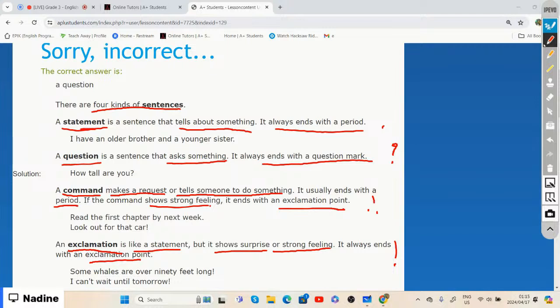A statement ends with a period. A question ends with a question mark. A command either ends with a period or ends with an exclamation point. And an exclamation sentence ends with an exclamation point.